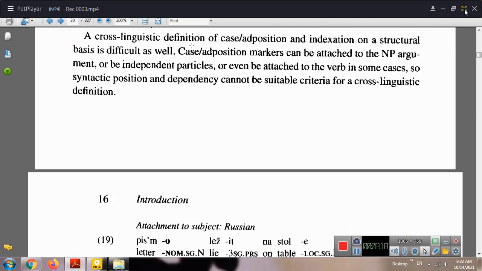A cross-linguistic definition of case or adposition and indexation on a structural basis is difficult as well.